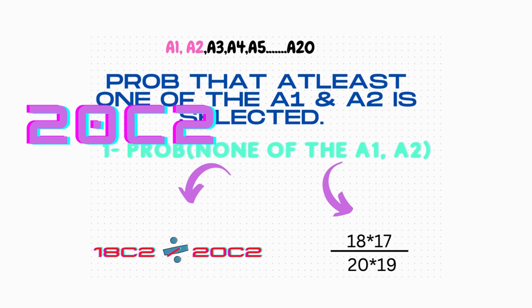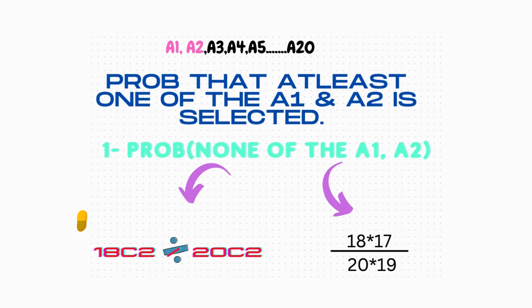And now, because none of A1 and A2 has to be selected, implying A3 to A20, we have 18 objects to select from. So 18C2 will give us the ways in which we can select two objects from A3 to A20. So 18 objects, and we can select two of them. So 18C2 divided by 20C2. So that's approach one.